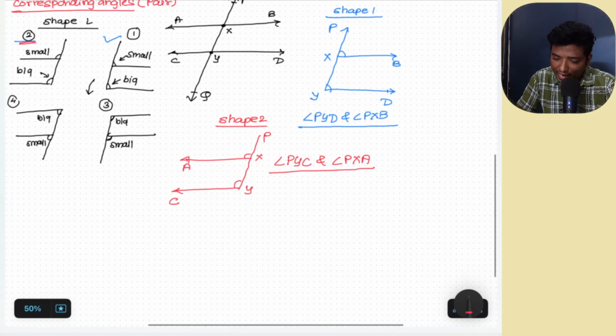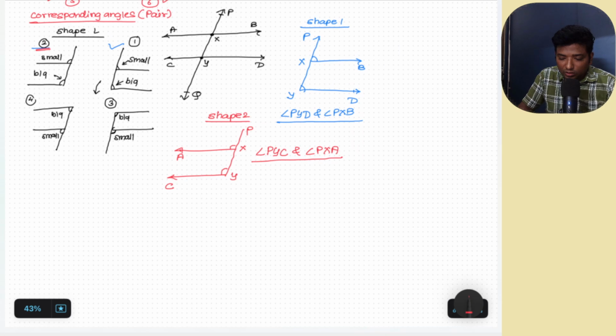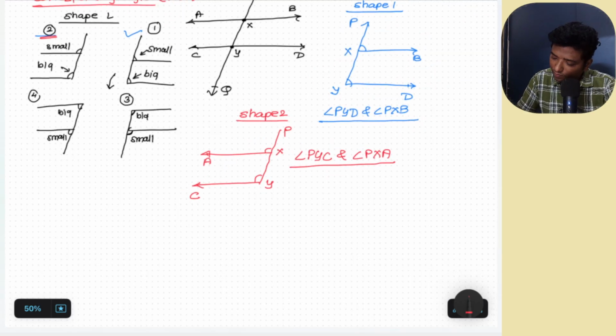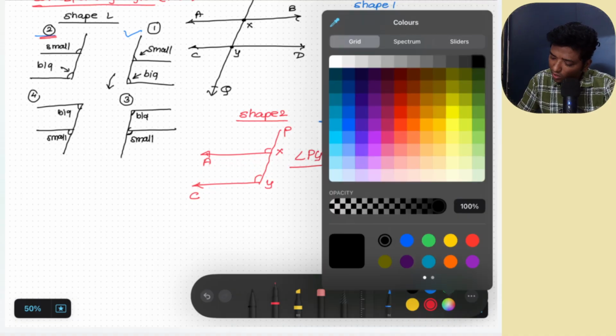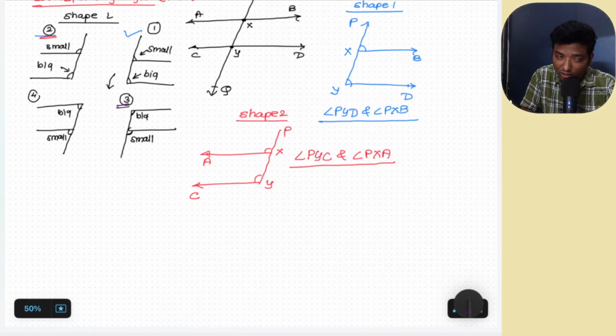Right? Now, go for finding the third pair, shape three. So let's go for finding the third. I'm writing a shape. Okay. Can you find shape three over here in this particular diagram, right? Yes.